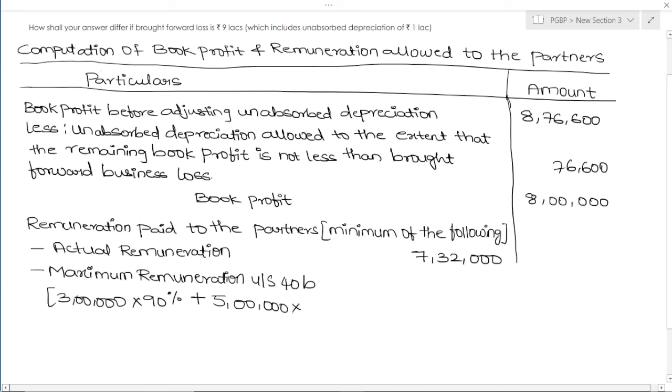You remember that formula? Okay. So 3 lakhs into 90%, 2 lakh 70. 5 lakhs into 60%, 3 lakhs. So 3 lakhs plus 2 lakh 70, 5 lakh 70 will come. Correct? Everybody wrote? Very good.